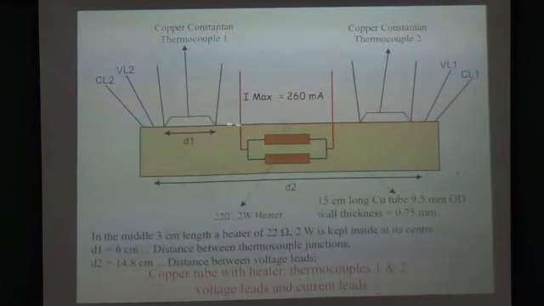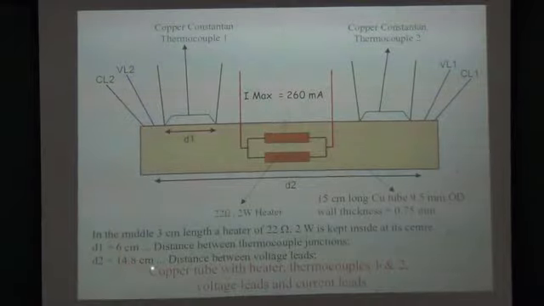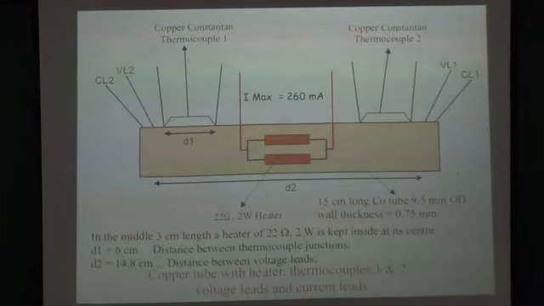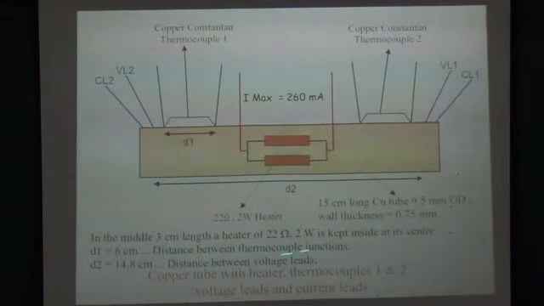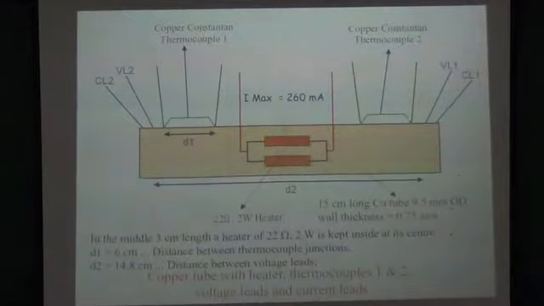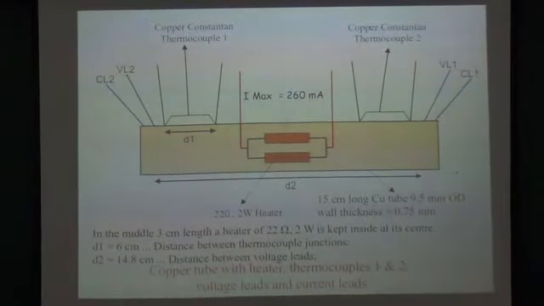The distance between the voltage leads here is D2, and that D2 is 14.8 cm. So you can check the rod length is 15 cm, but the two voltage leads are at 14.8 cm. So they are at the end, and we need not know the distance between the current leads.